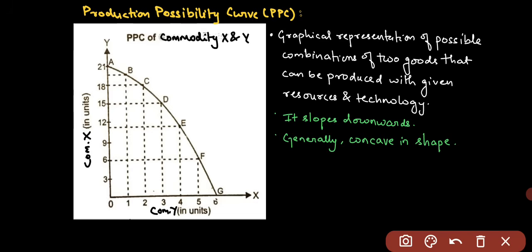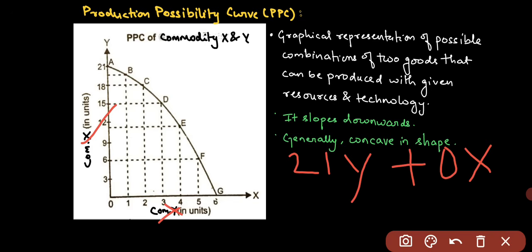You see, here what we see, when we produce, in this case, 21 units of this commodity, then we cannot produce any of commodity X. So here the combination is 21Y plus 0X, right?